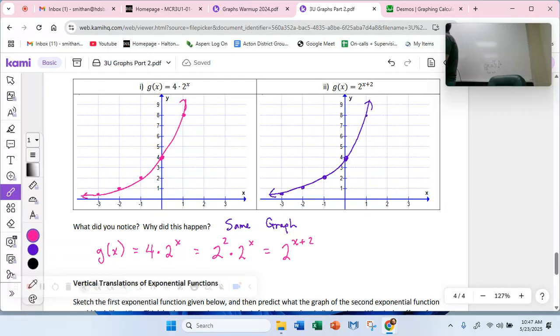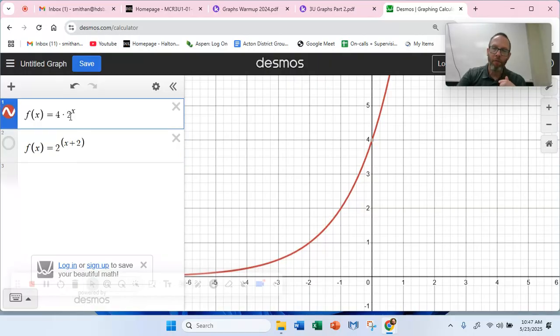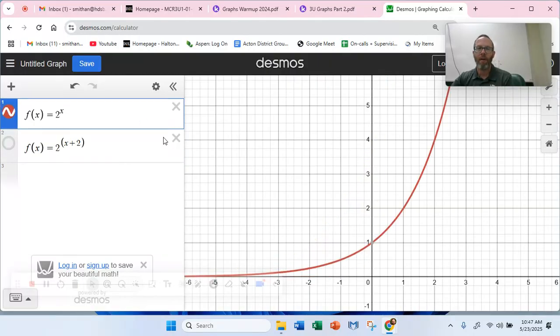Guys, check this out. I'm going to graph this guy and 2 to the power of x on the same grid. I can hardly contain my excitement. I just love sharing this stuff with you guys. So here is the graph of 2 to the power of x. Observe it in all its glory. When you graph 2 to the power of x plus 2, guys, look at this.